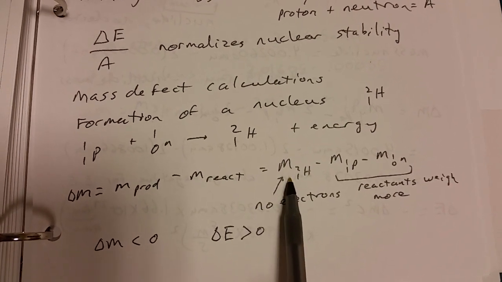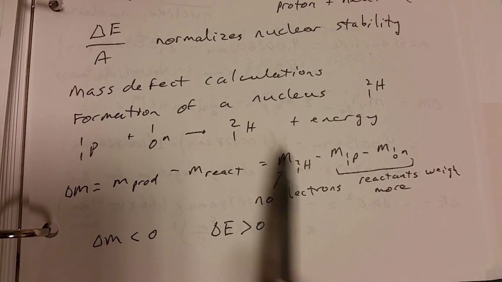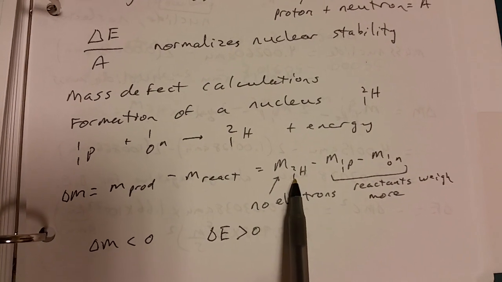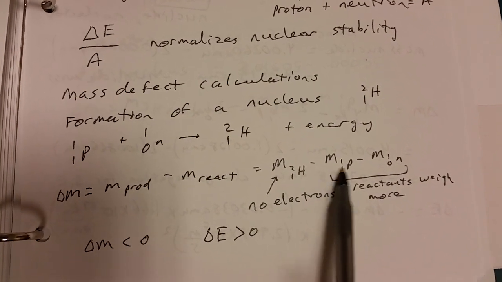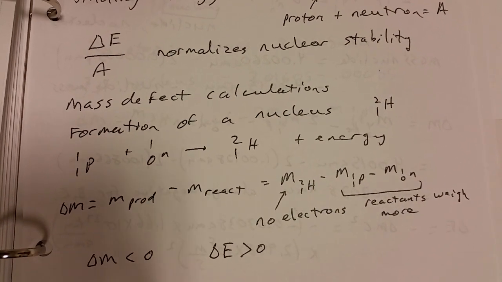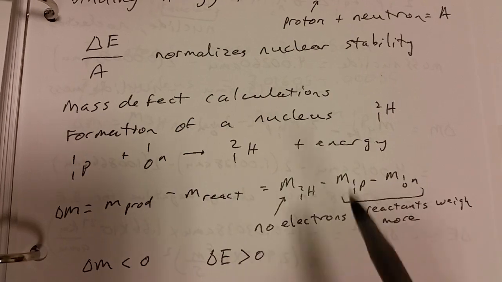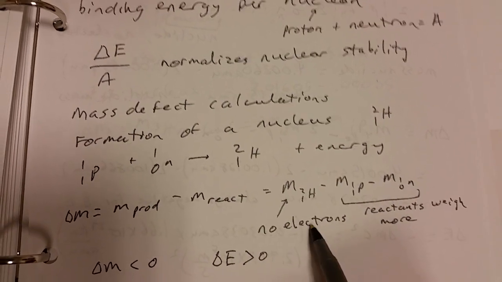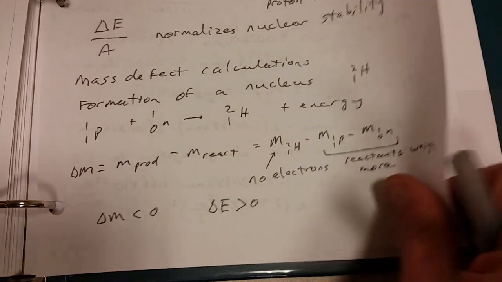That is the mass of the deuterium nucleus with no electrons, minus the mass of the proton, which is a reactant, minus the mass of the neutron, which is also a reactant. The reactants weigh more than the product, so the delta M is going to be negative, resulting in a positive delta E.